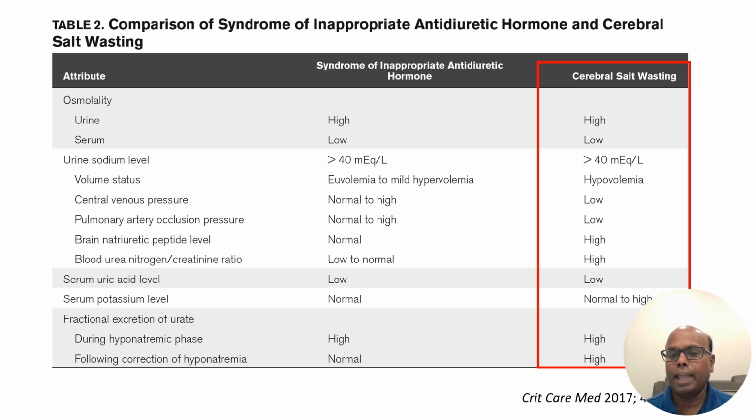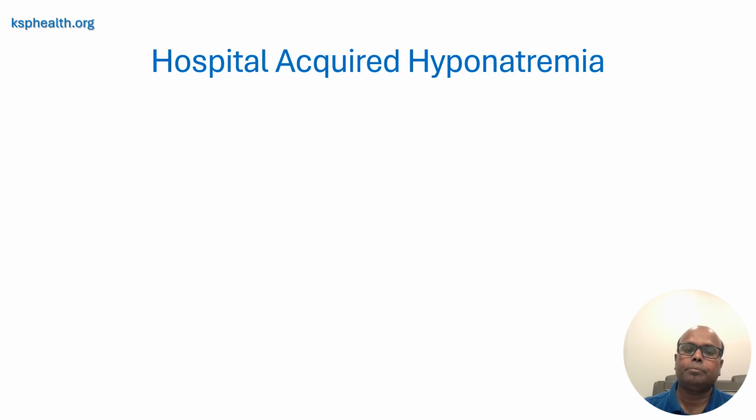These patients also have kaliuresis. Brain natriuretic peptides cause diuresis and natriuresis, resulting in hypovolemia and hyponatremia in cerebral salt wasting syndrome. The treatment also differs. In SIADH, you reduce the IV fluids. In cerebral salt wasting syndrome, you give more fluid and more sodium.